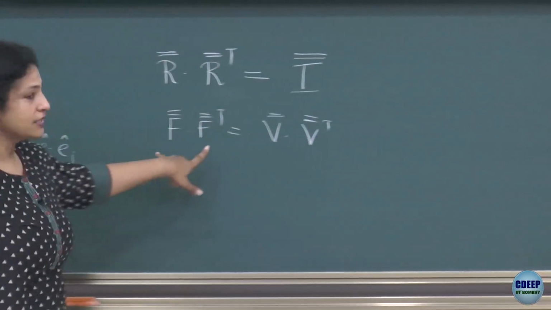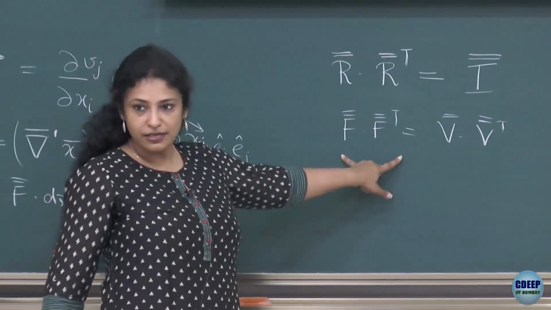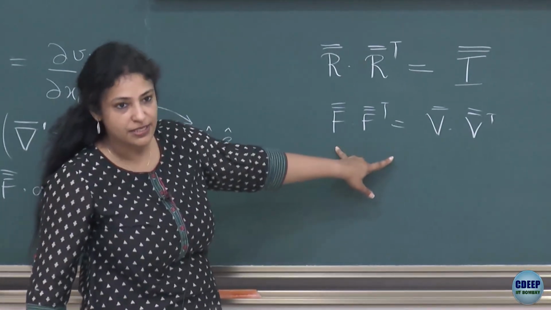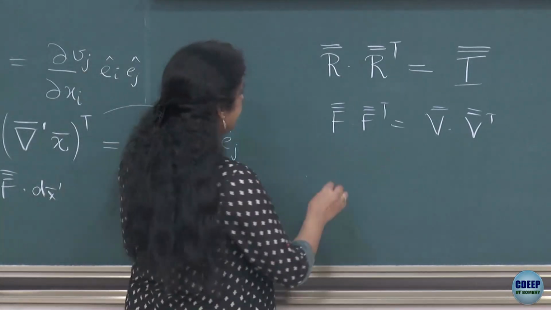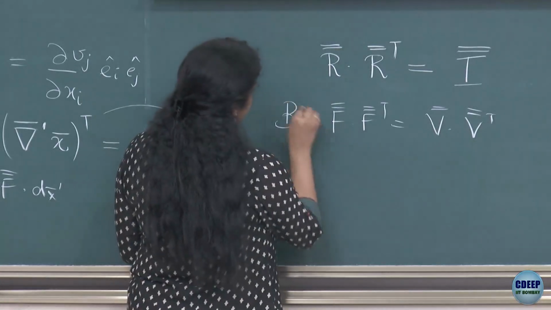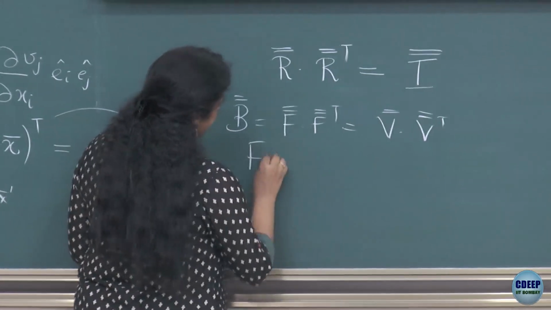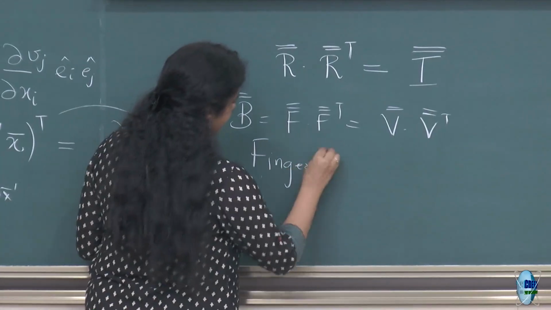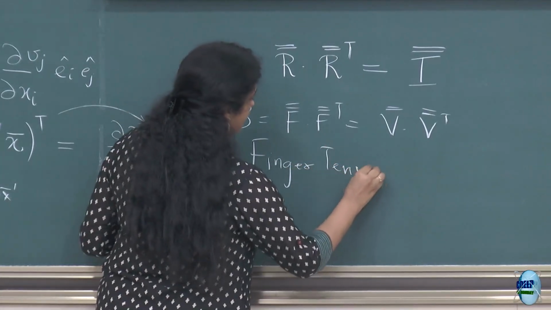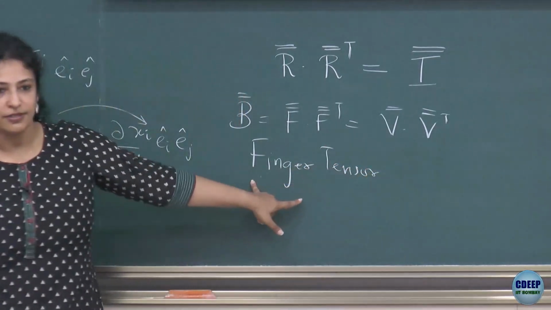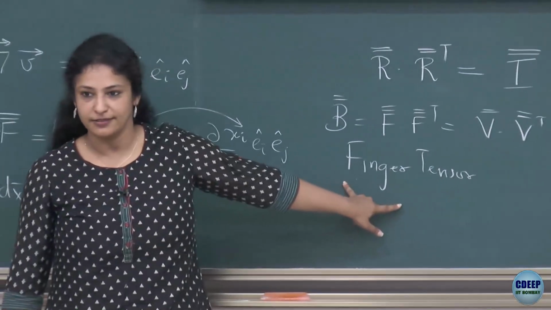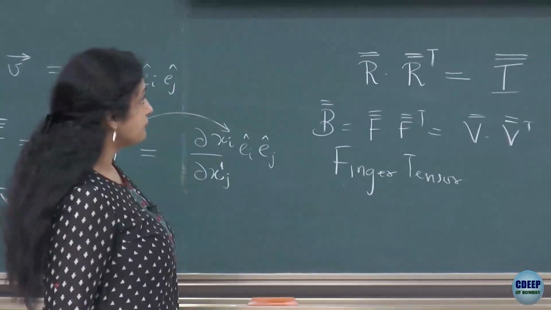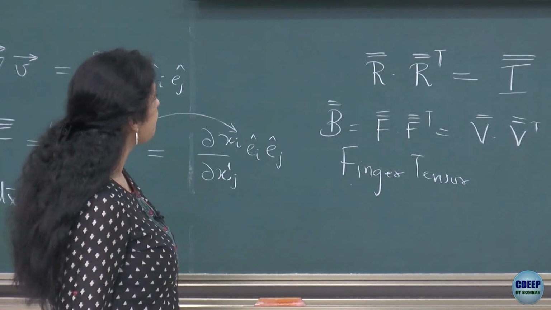Now this becomes a quantity of interest because this only takes deformation into account, and we define this as the Finger tensor, Finger being the last name of the scientist who defined this.